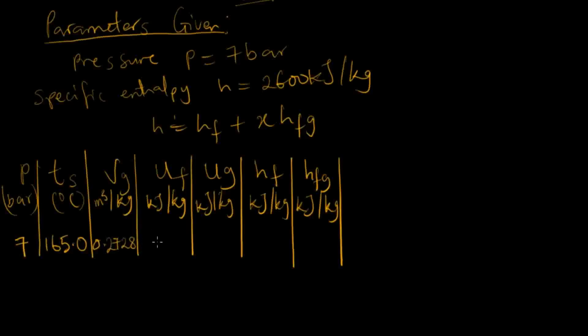Okay, so 696 here is 2573. We have here to be H, yes, 697, here is what, 2067. So these are the values on the steam table.